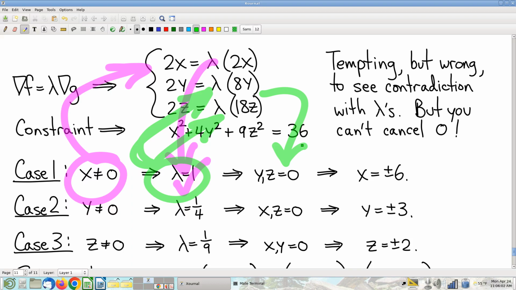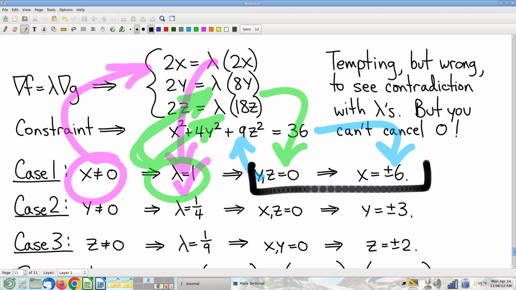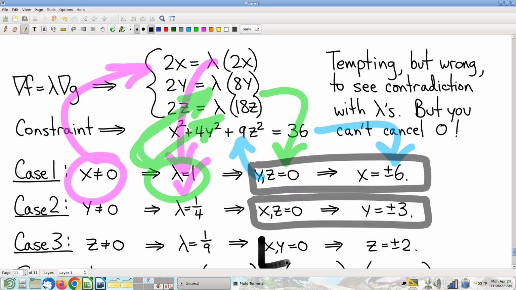Those you can plug into this equation. That'll let you solve for x. And now, lo and behold, check it out, we've got a critical point. Correction, 2 critical points. Right? So that's just in the first case. And then, of course, there's 2 more cases, each of which gives you 2 more critical points.